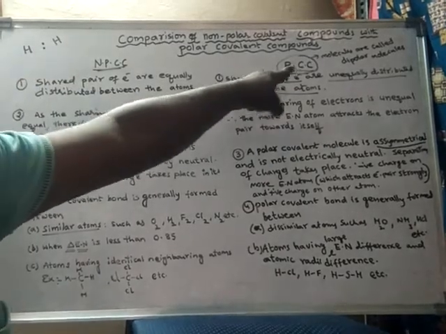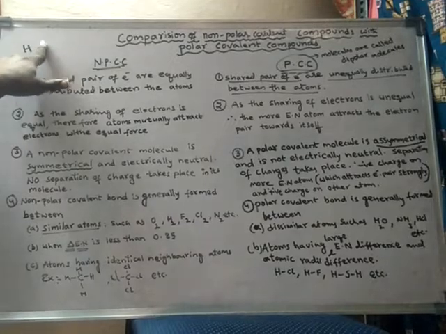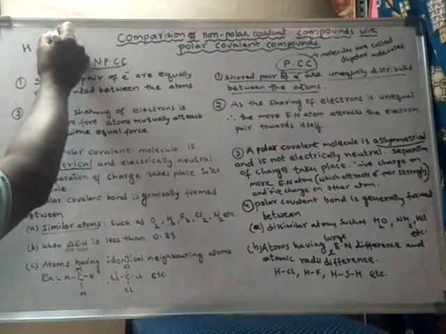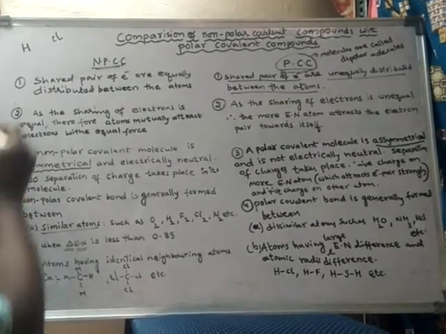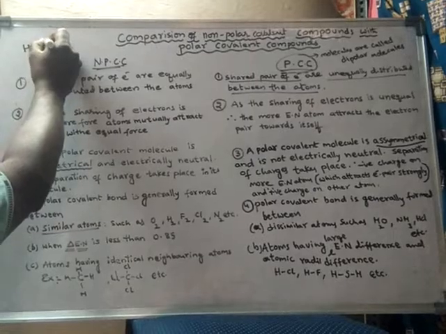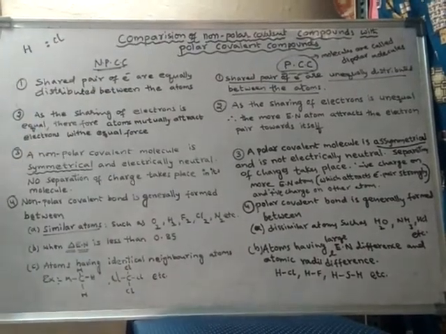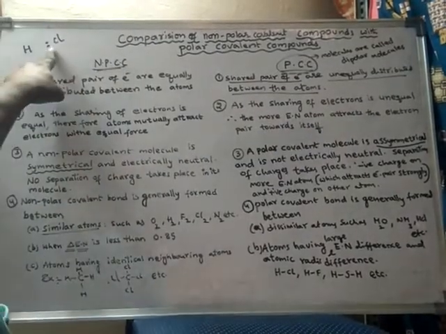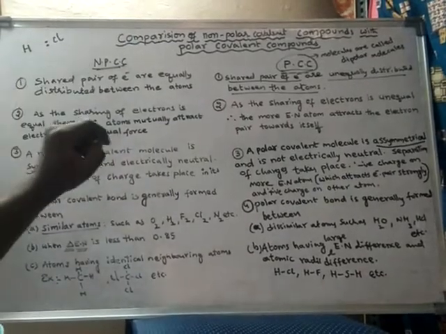Whereas in polar covalent compounds, take HCl as the example. As the sharing of electrons is unequal, this electron pair is not shared equally by both the atoms.